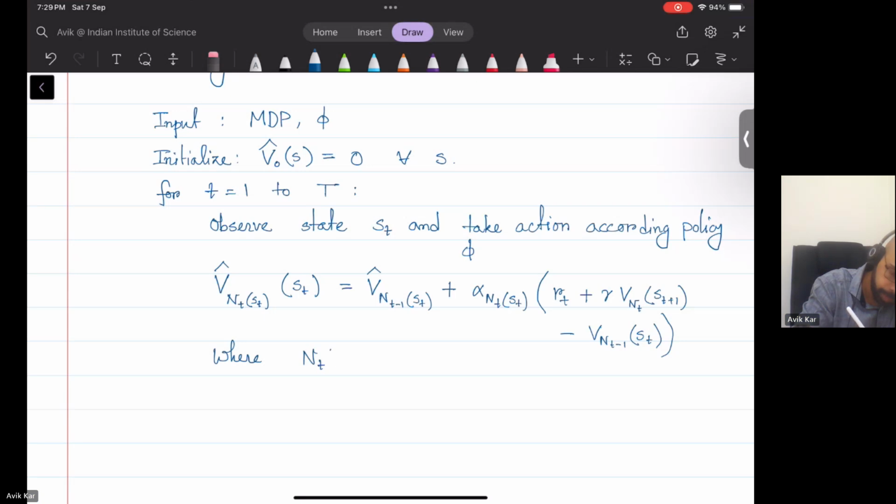We have to define certain things. N_t(s) is the sum over tau equals 1 to t of the indicator that s_tau equals s. S and s is a bit confusing, so let me replace s by tau.